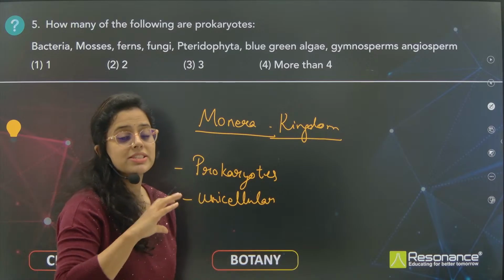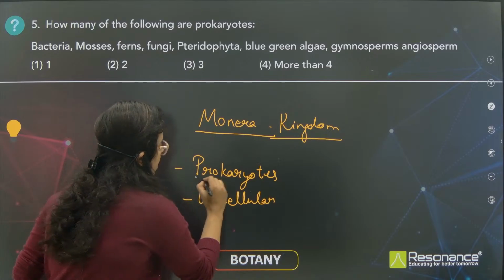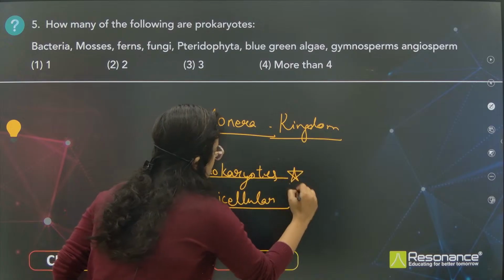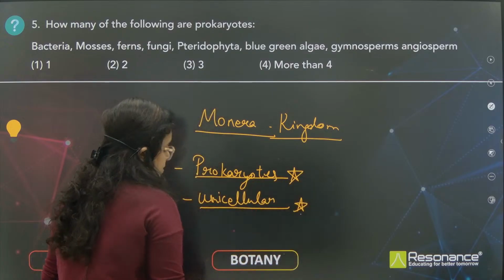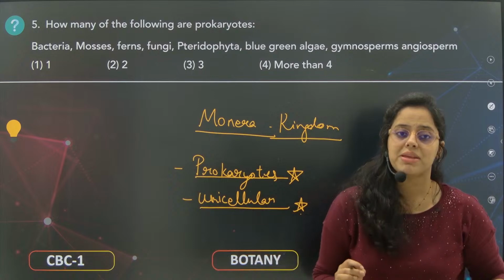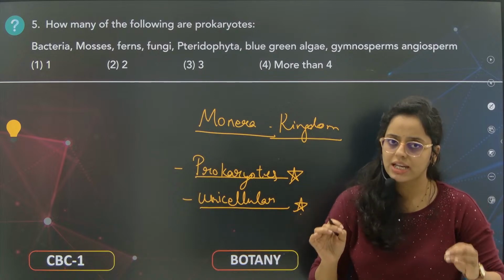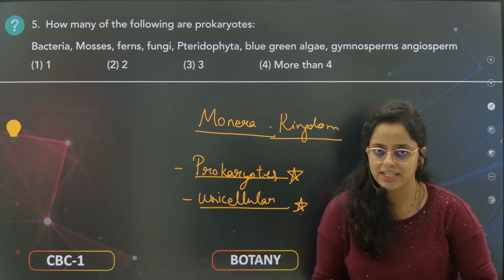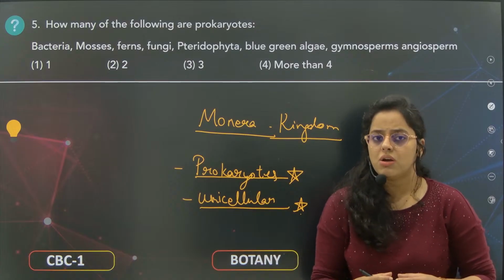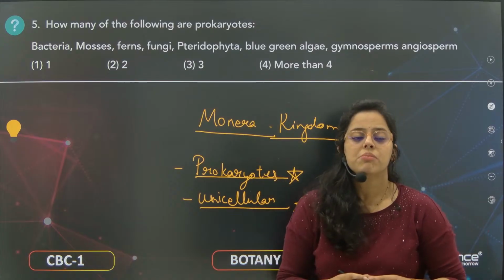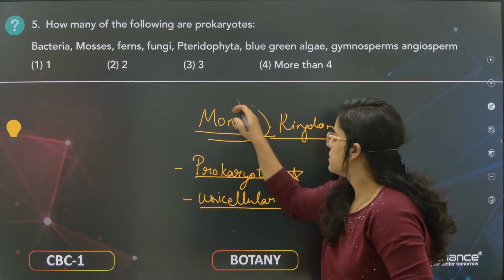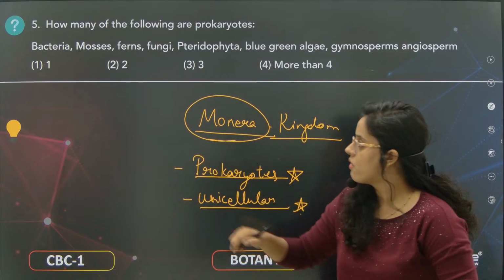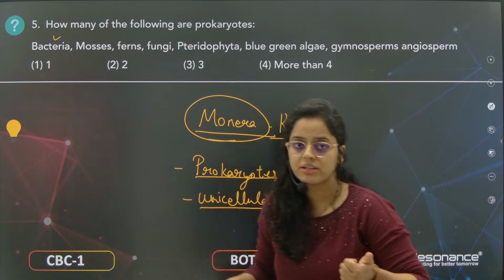The complexity of the body is very simple. They are prokaryotes and they are unicellular organisms. So Monera consists of basically bacteria, blue-green algae, that is cyanobacteria, archaebacteria, methanogens, all of these come under Monera. So Monera consists of bacteria, yes, 1.